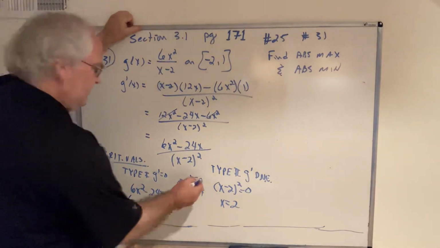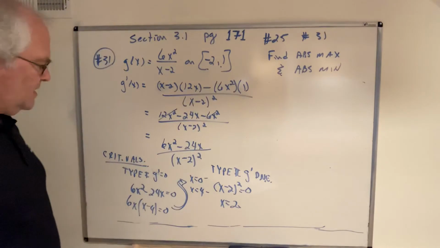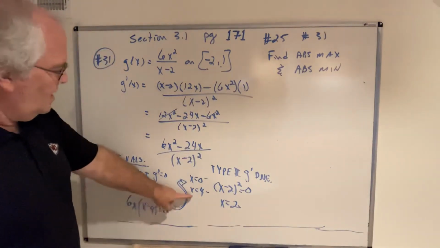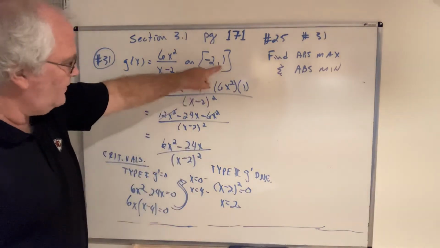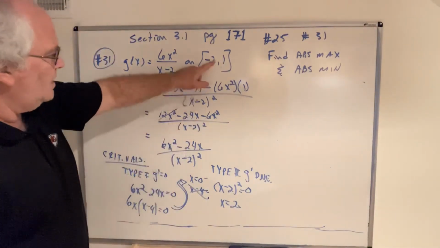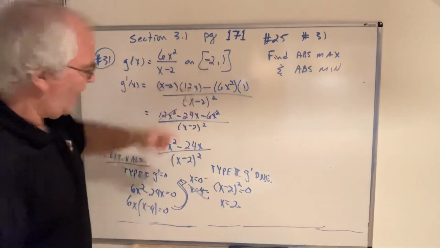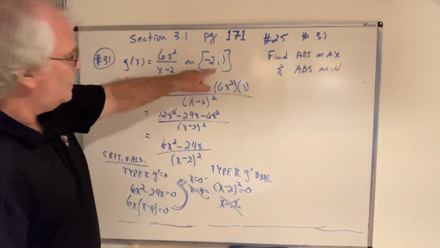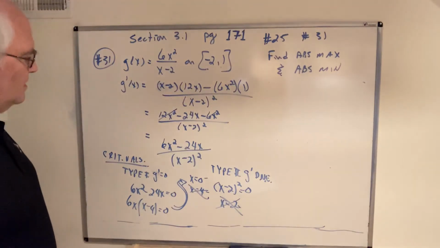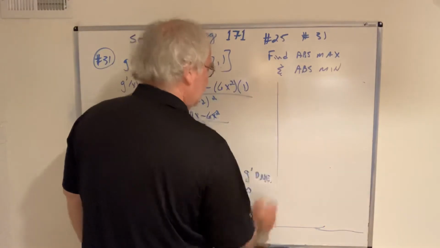So we have 0, 4 and 2, and we have -2 and 1, and some of those probably don't pass muster. 4 is no good because 4 is outside the range we're looking for. So 4 is out. 0 is good to go. 2 is out. We're not allowed to use 2. That's outside the interval. And so round up the usual suspects.